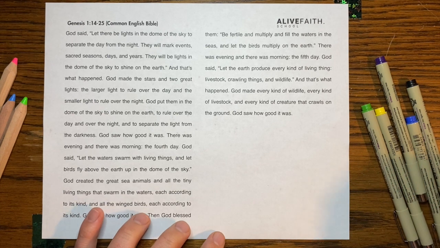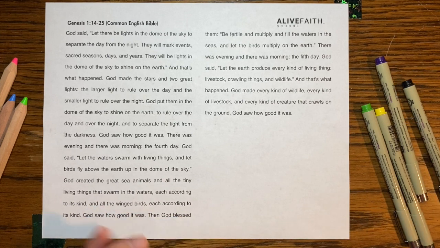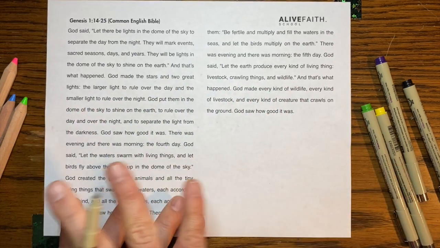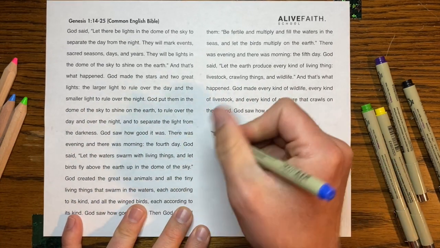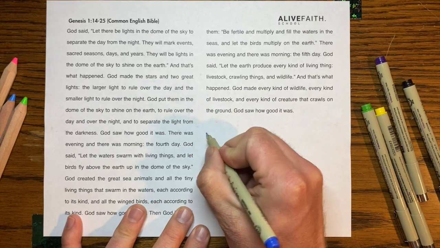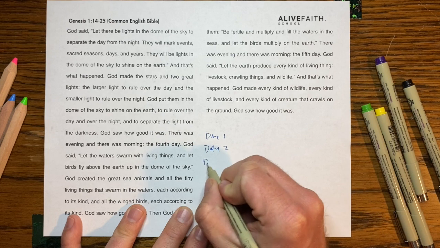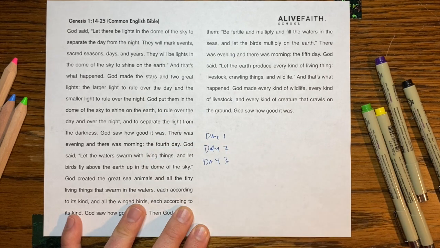Okay, so I mentioned this in the introduction, but it's helpful to see it visually. God creates creation on page 1 with a pattern. There's day 1, day 2, and day 3, which we looked at last week.